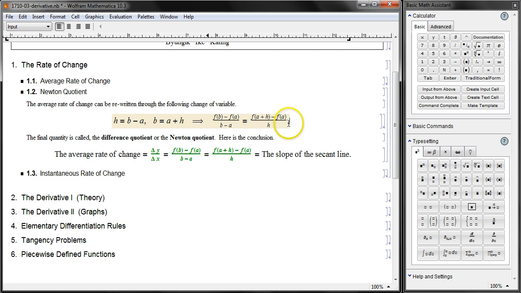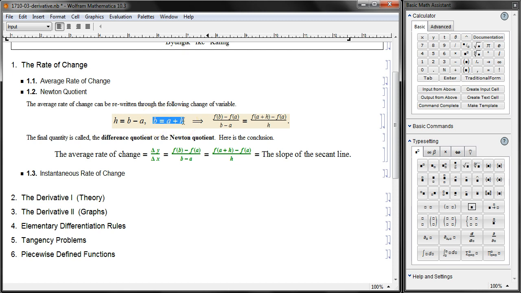This is what I'm talking about. This quantity is the algebraic formula of the average rate of change. Now here, let's take this change of variable. Let's take the denominator b minus a as h, which means this denominator b minus a will be replaced by this single character h. If I do that, this is equivalent to that.